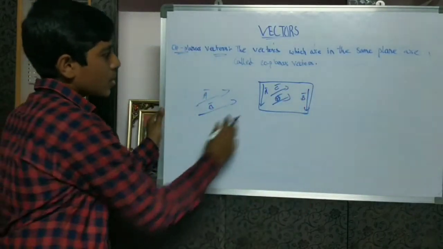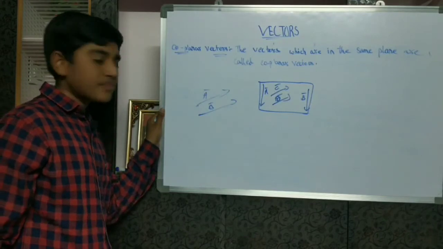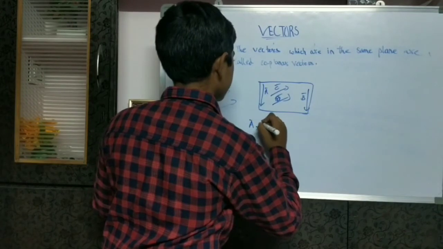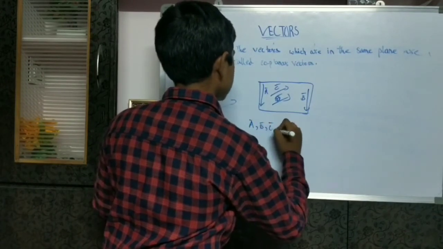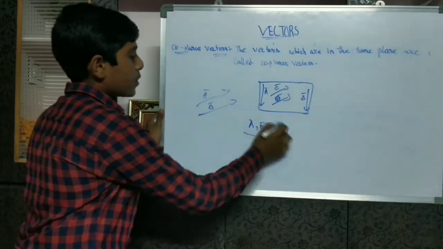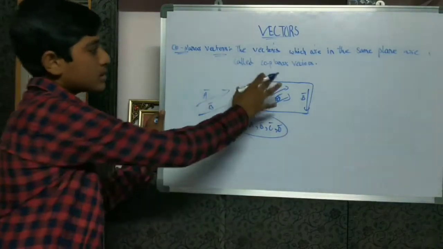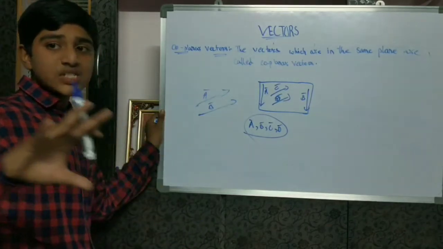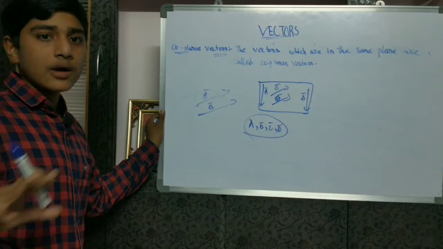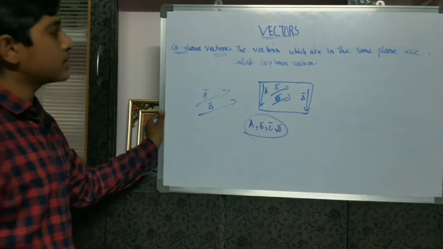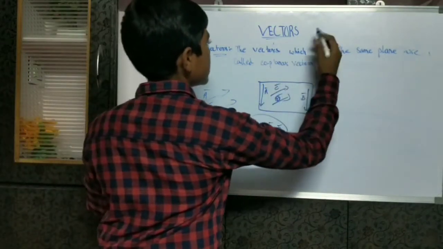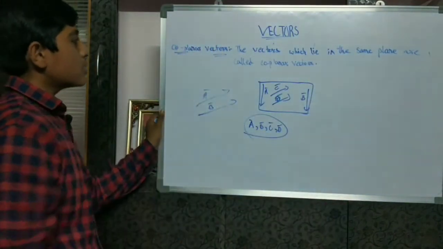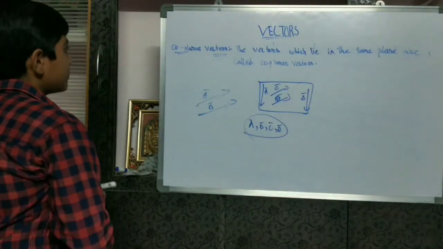Here, the coplanar vectors are a bar, b bar, c bar, and d bar. These four are coplanar vectors because they lie on the same plane.